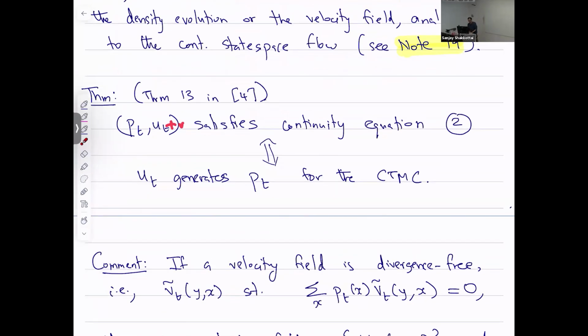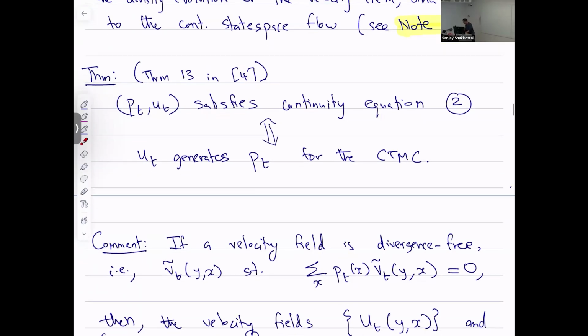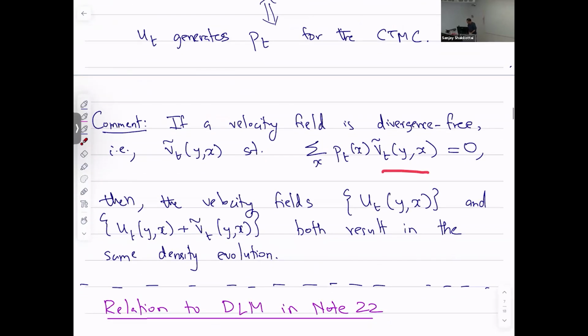I could add a divergence-zero quantity to it, and I can still get the continuity equation, where del PT is minus the divergence of UT PT. I could always add a 0 to it, and that 0 happens to be through a velocity field. Which means if you have found a velocity field, you can engineer it with divergence-free velocity fields and still get the same density evolution, which is useful for implementations. Okay, so you got some velocity field which is complicated, but you can make it simpler by adding some 0 term to it and still get the same thing.